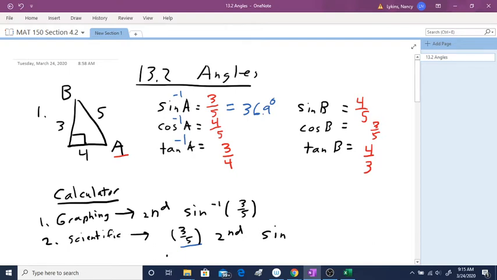For the graphing or the scientific calculators, instead of putting 3/5 like you did for sine, you would do 4/5, second, and now cosine. Graphing calculators do the same: second, cosine, and then in parentheses 4/5. And what you should come up with is the same number. Same thing with tangent. You want to use that second button with tangent and put in 3/4 in parentheses.